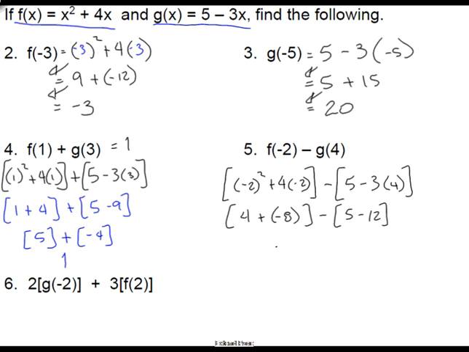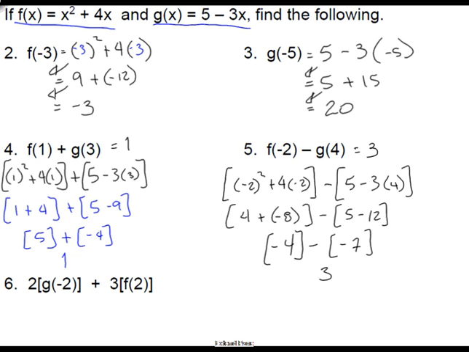This is -4 minus -7. -4 minus a -7 is a +3. The answer here is 3.